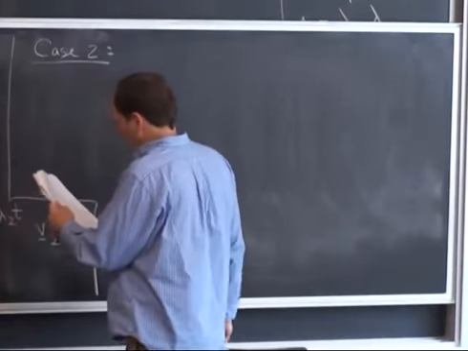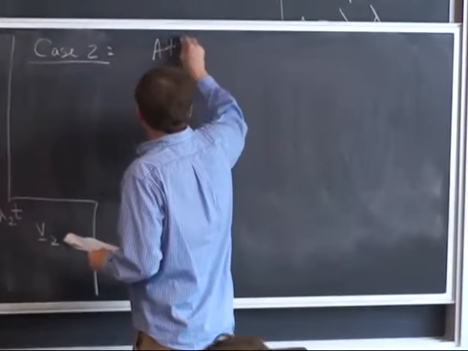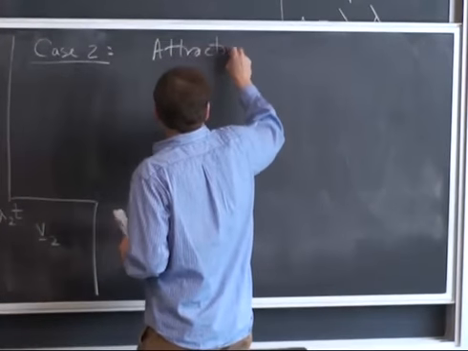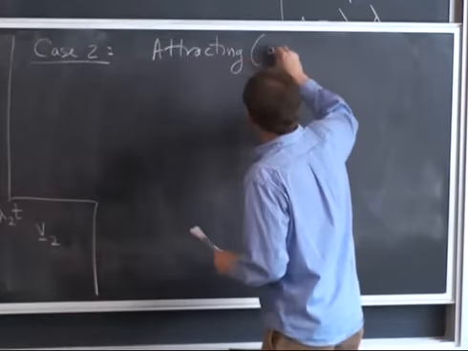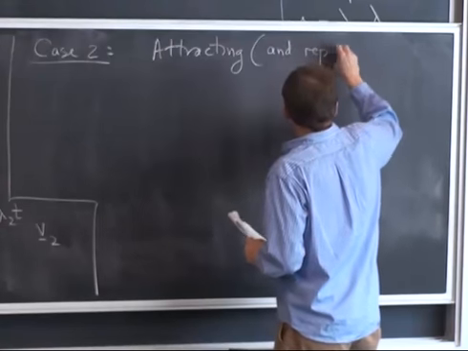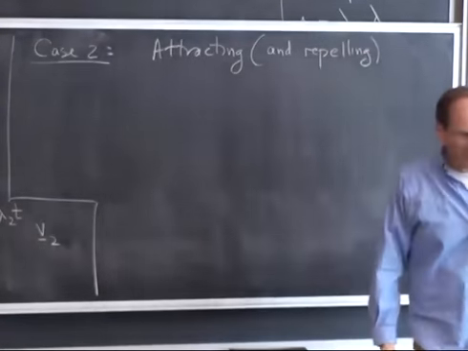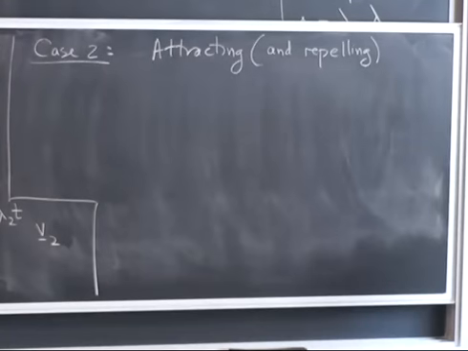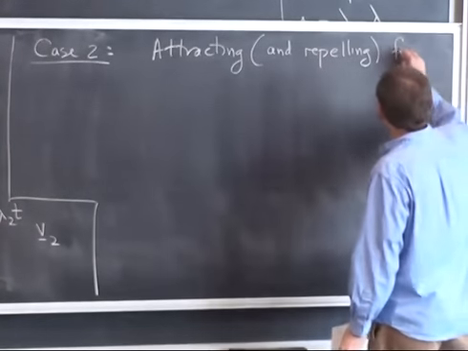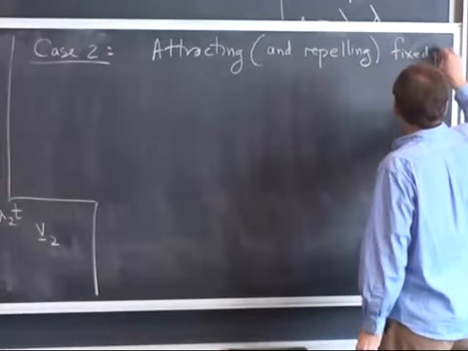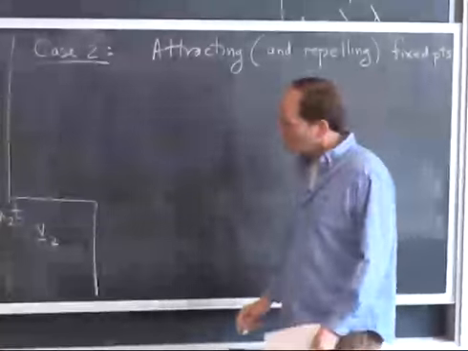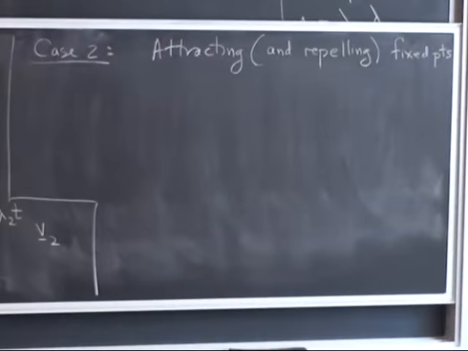is attracting, and then if you want to think sort of its doppelganger but backwards are the repelling fixed points. So in the pictures, I'm going to show just the attracting ones.